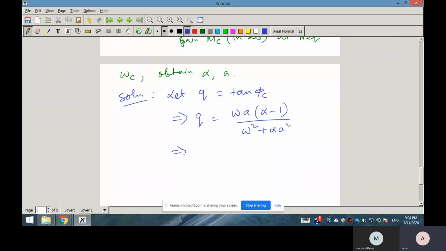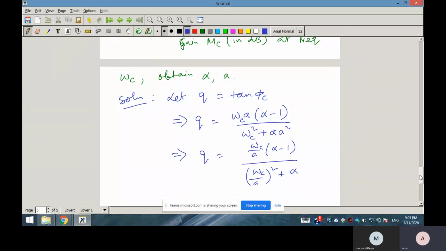If you divide numerator and denominator by A square, you can write omega by A into alpha minus 1 divided by, at omega c actually, so I'll write omega c by A divided by alpha minus 1 divided by omega c by A whole square plus alpha.